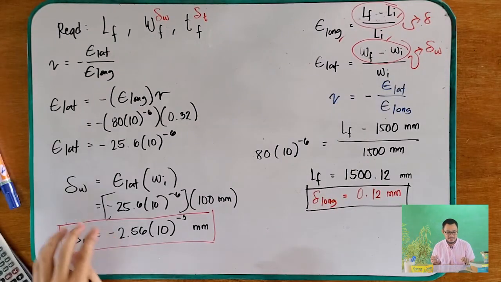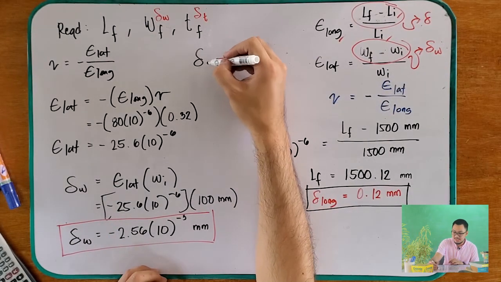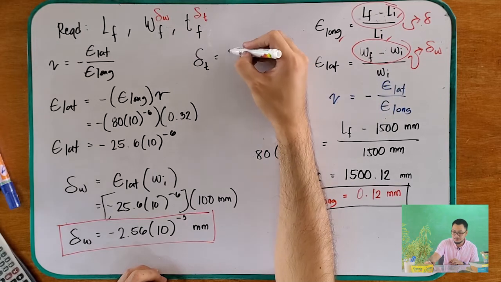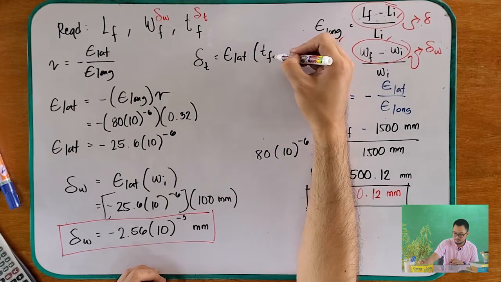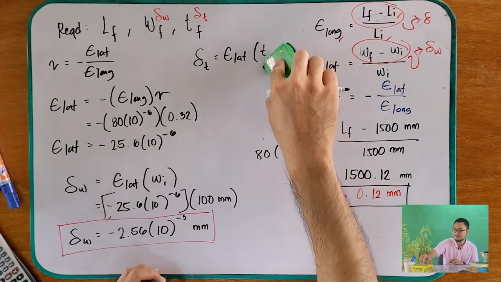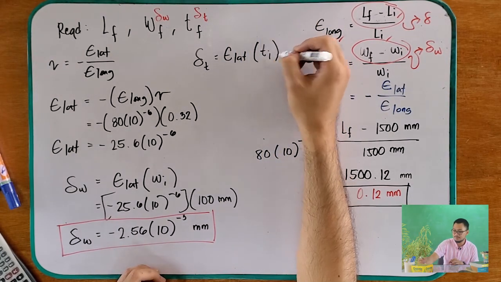We're not done yet because we also have to solve for the change in the thickness. And we can just apply the same equation. Change in thickness is equal to the lateral strain times the initial thickness. Okay?